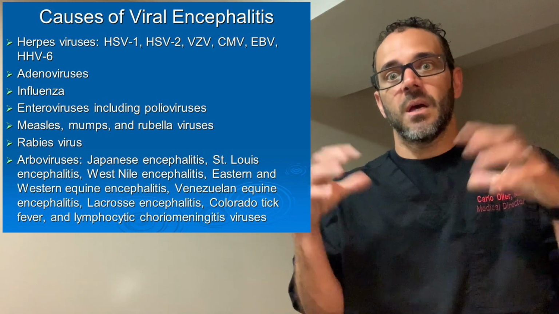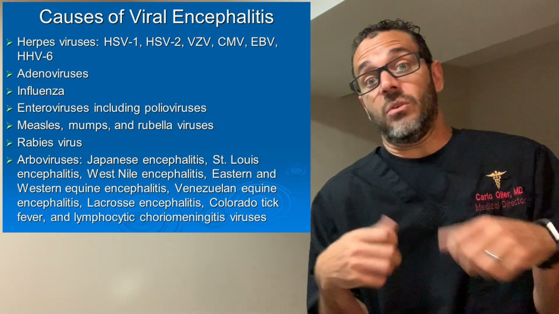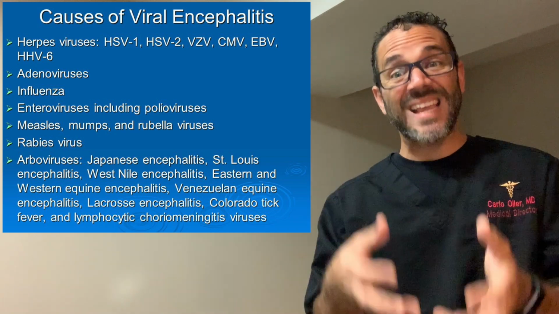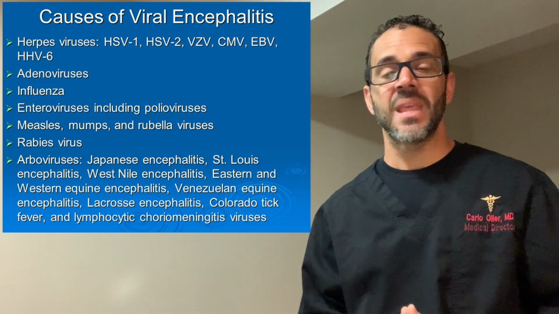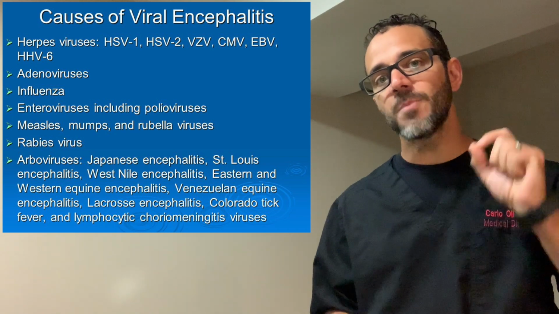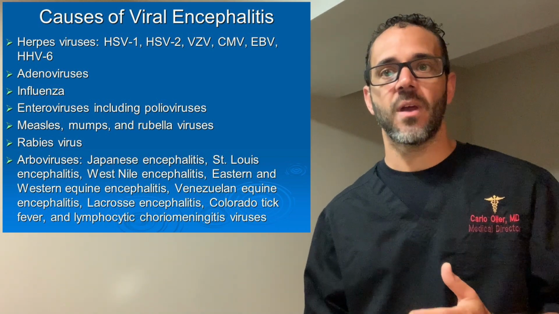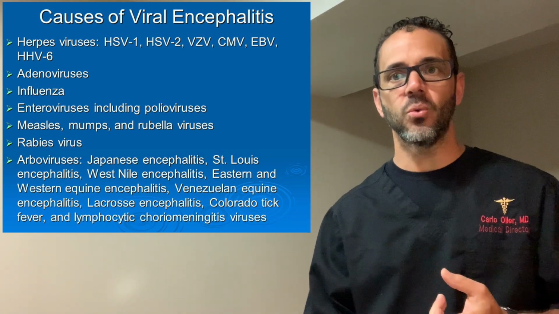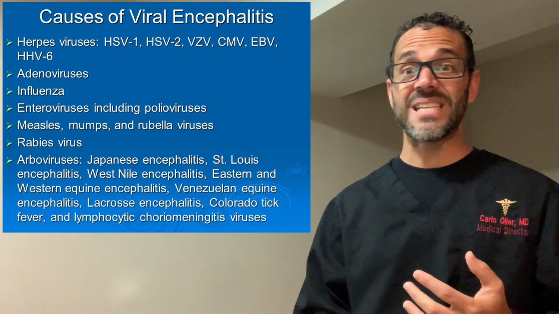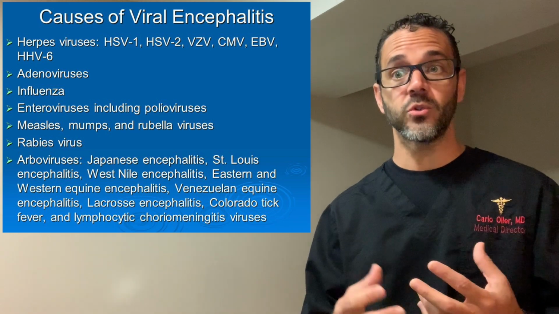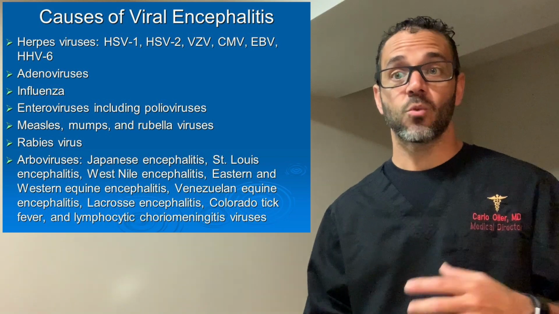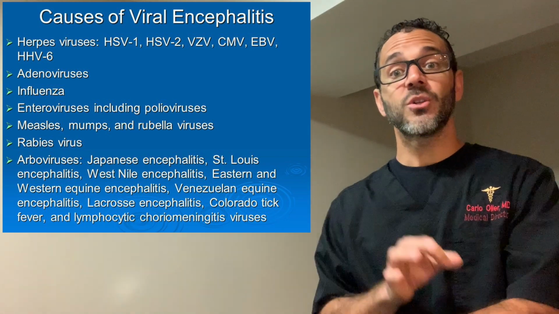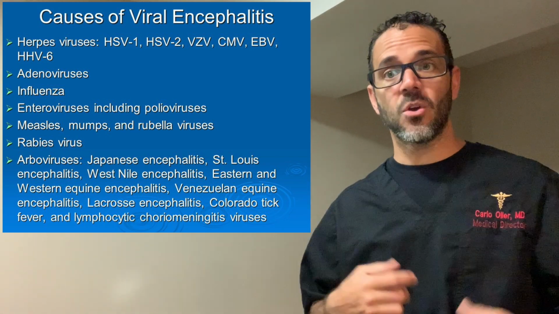That's why dogs get crazy and angry, have convulsions and foam at the mouth, because they actually get encephalitis. And there's a whole bunch caused by mosquito bite, the arbovirus family: Japanese encephalitis, St. Louis, West Nile encephalitis, Western equine, which is horse related, and La Crosse encephalitis. A Colorado tick bite can also cause encephalitis, etc.